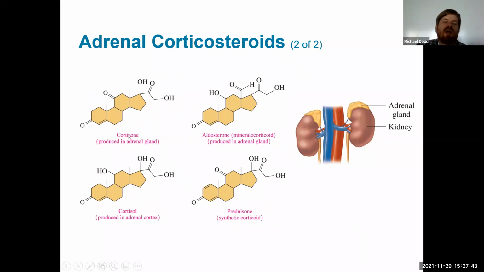Just note here, cortisone is one of these adrenal corticosteroids. Aldosterone, cortisol, and prednisone. Prednisone is actually a synthetic corticoid. So it's just here to mimic the corticosteroids that we do use. They can be used in other ways.